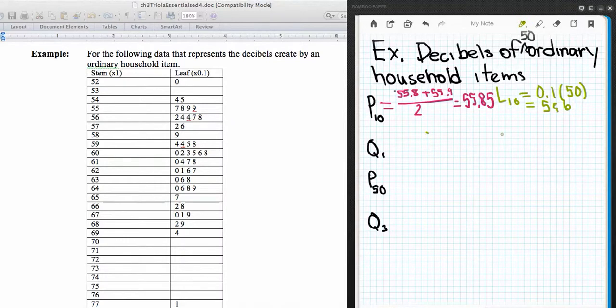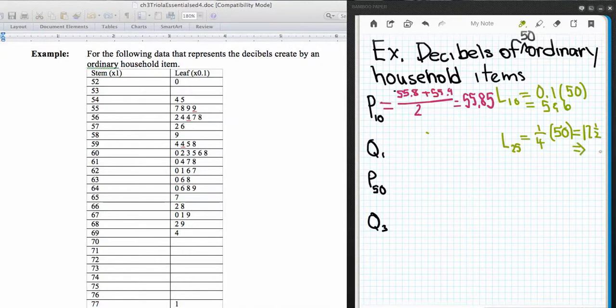Now my next one, my first quartile, that is P25. So that is the L25, so I need a quarter of the 50. So a quarter times 50, 4 does not go in here evenly, so I'm going to have a fraction. So 4 will go into 5 one time with 1 left over, and 4 will go into 10 2 times with 2 left over, so it's 12.5 or 12.5, whichever you want.